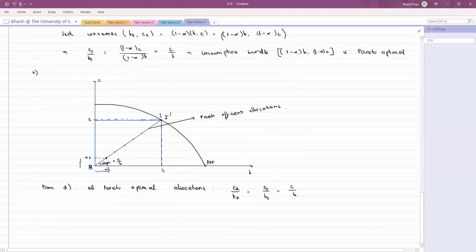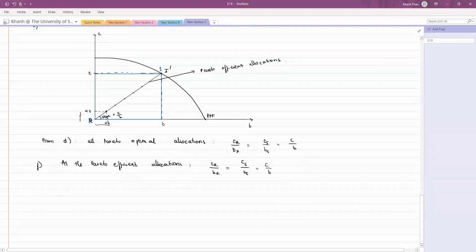Okay, part F. So we know at all of the Pareto efficient allocation points, CR on BR is equal to CS on BS equal to C on B. I just have to keep repeating this. Now, the marginal rate of substitution for Richard is, as we found before, equal to negative CR on BR, squared.